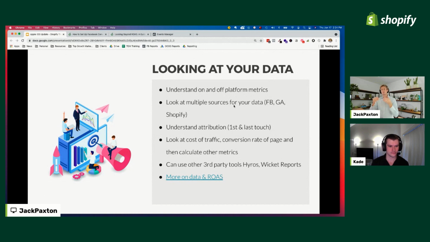You really want to look at all of this information because it can help you identify good ads versus bad ads, because you're not going to have 100% of the data available in terms of a conversion purchase on your website to say, hey, this is a good ad. So you used to be able to just optimize and look at the ROAS and be like, this ad's good, good, bad, bad, bad, bad.